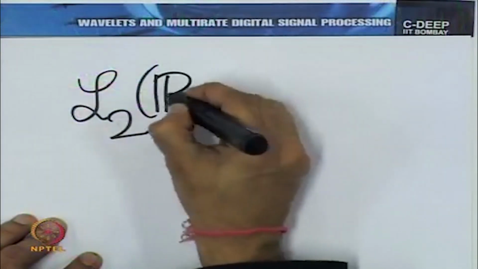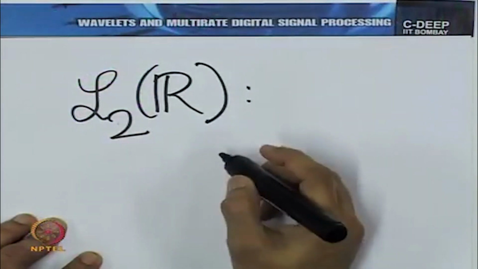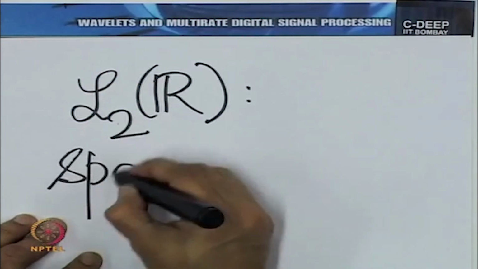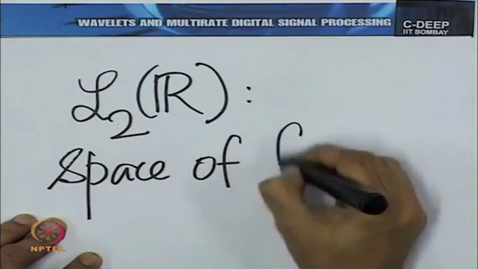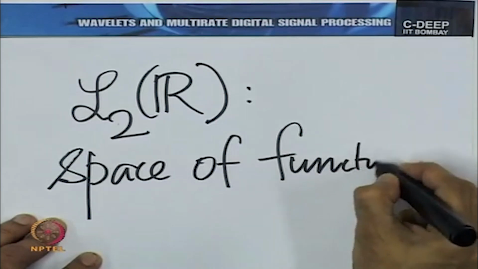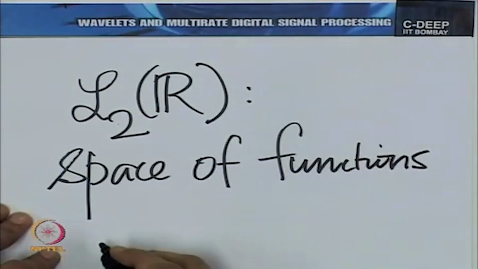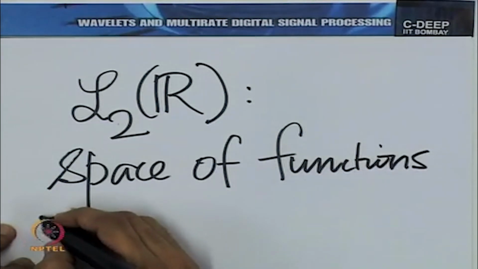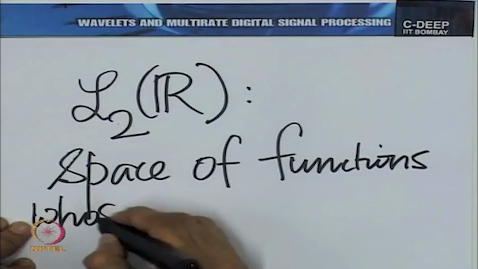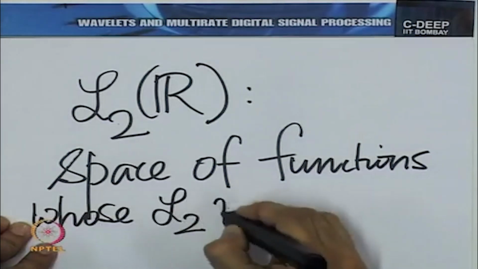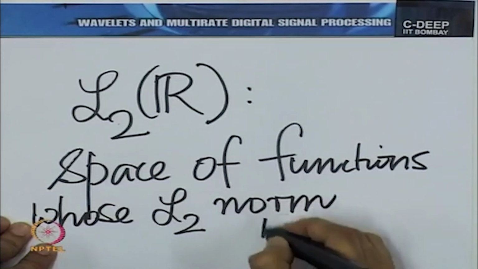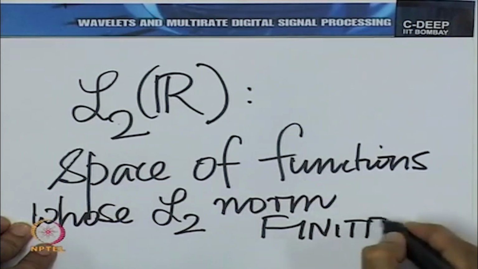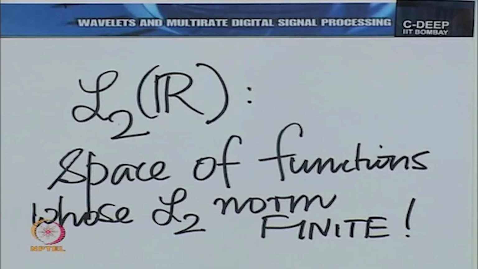L2 over the real axis. It is a space of functions whose L2 norm is finite. Simple. Similarly, you could have the space Lp. The space Lp is the set of all functions whose Lp norm is finite.